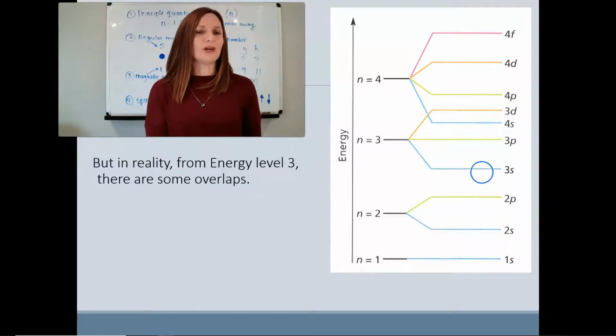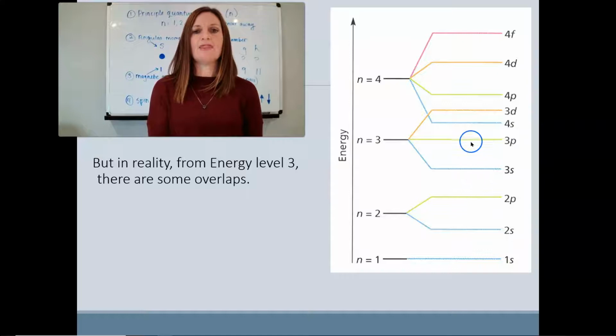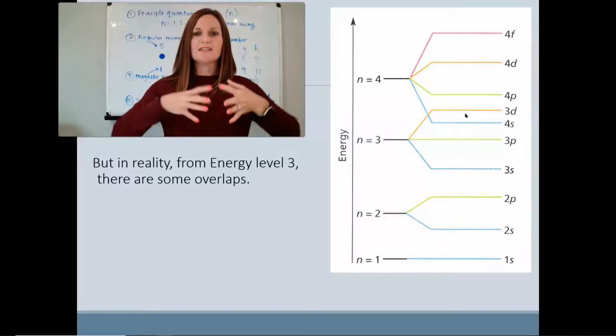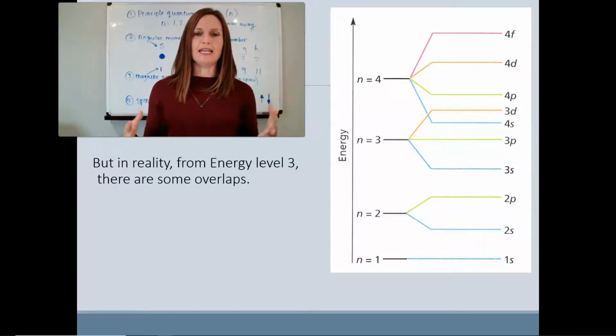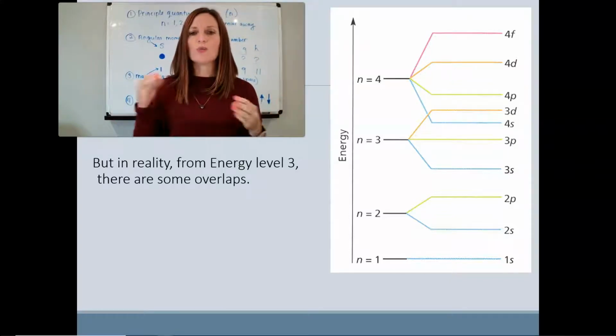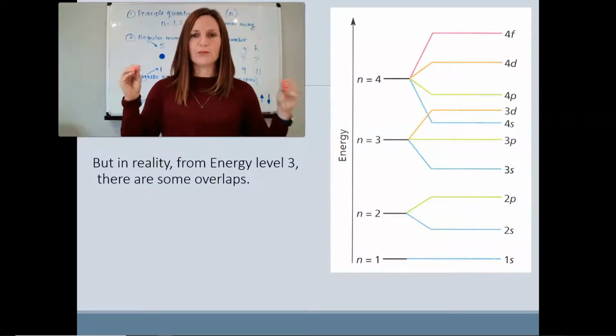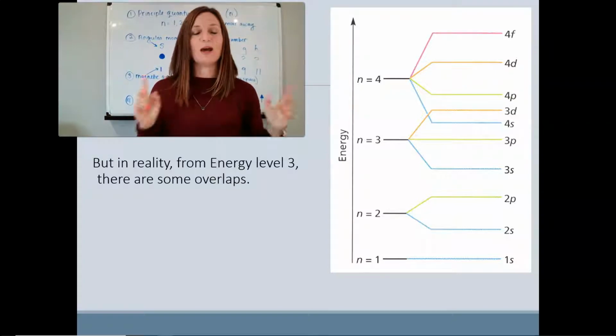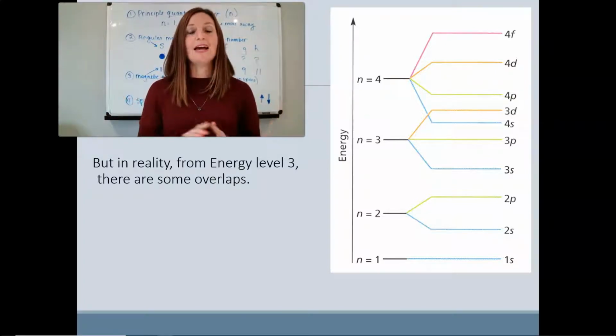But as we start to branch at 3, notice that if we keep going up, 3S, then 3P, and then 4S actually overlaps and comes before 3D. And so we start to get this kind of strange overlapping happening. And this could be really brain burstingly confusing, except someone came up with a great way to memorize this.